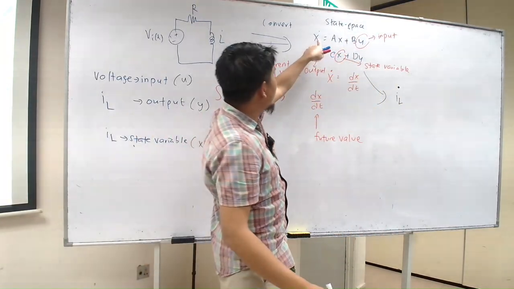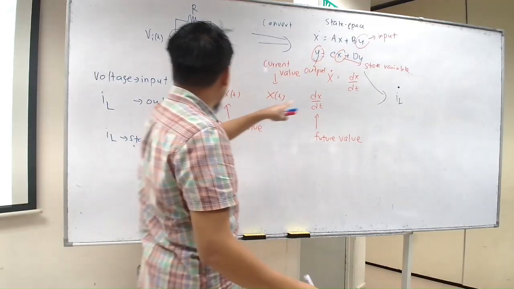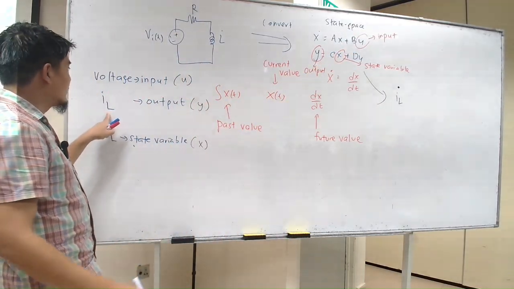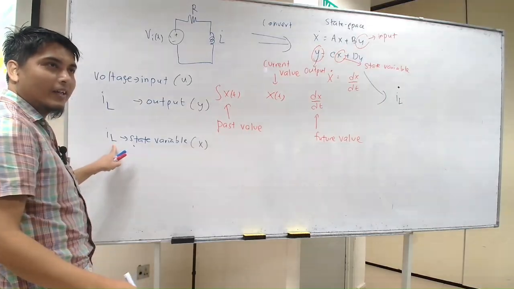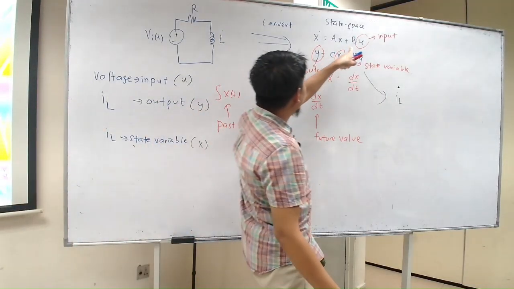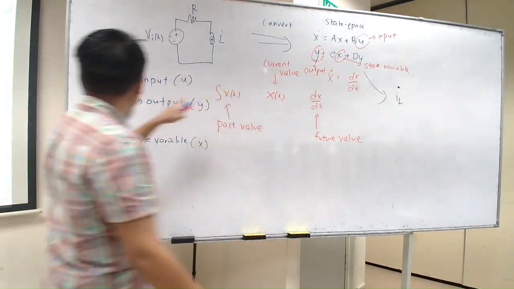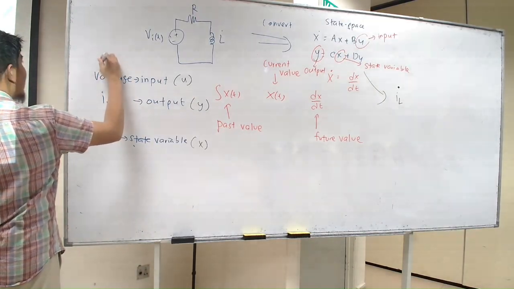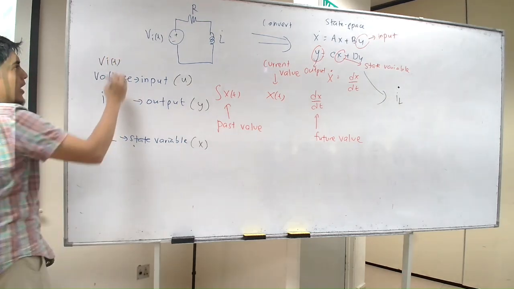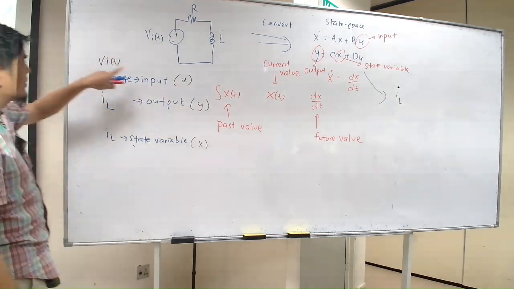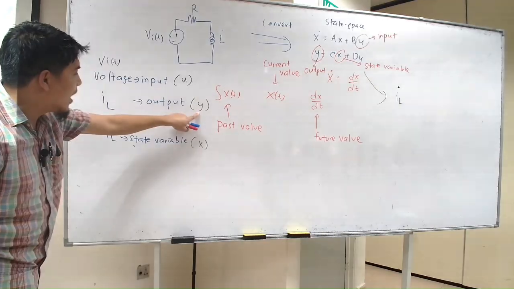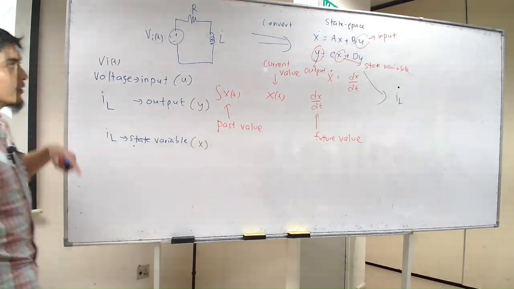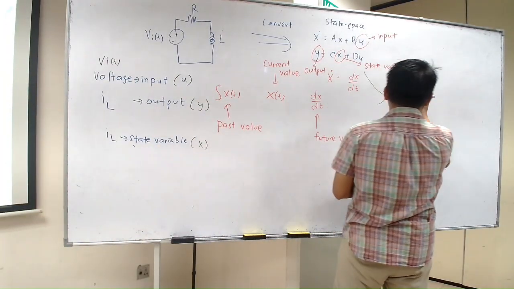Every X you replace with IL, okay? Every U you replace with the voltage input, normally we name it as VI. Every U you replace with VI. Every Y you replace with IL. So you just put it like this.